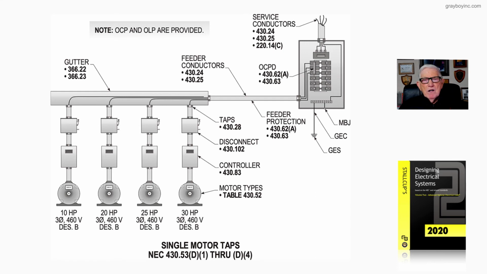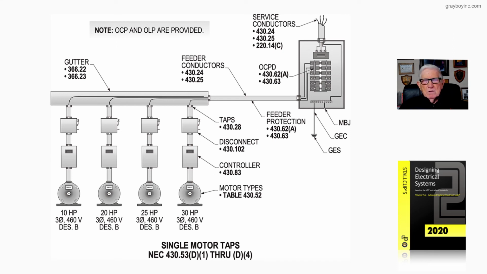Now, the only way you can be over a 25-foot tap, for example, from that auxiliary gutter down, is to have a high bay area. Then you could have up to a 100-foot tap for a motor. But you have to have a high bay area to do that, as outlined in the exception to 430.28.